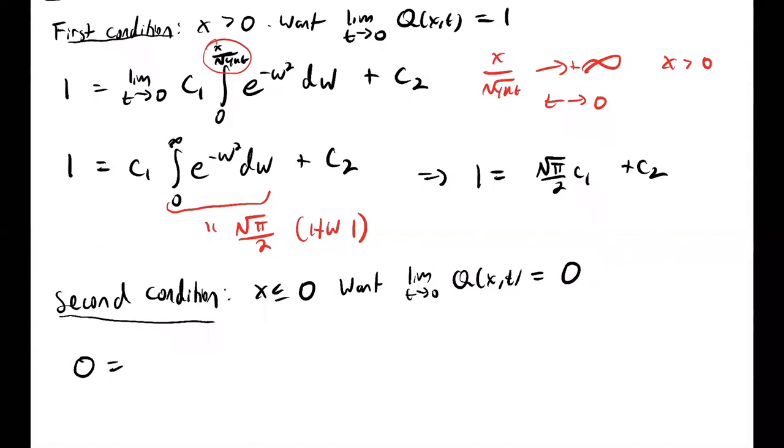Then we would need 0 is the limit as t goes to 0 of this integral of e to the minus w squared dw times c1 and then plus c2. While this time, the upper bound for the integral, since the numerator is negative or 0, is going to go to minus infinity. So let's just assume x is not 0. It doesn't change any of the arguments.